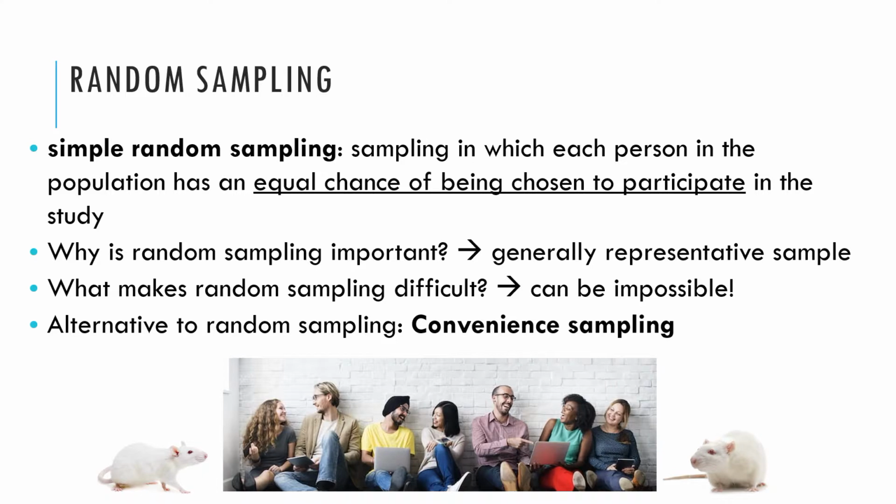So in convenience sampling, the sample consists of individuals who happen to be nearby and willing to participate, such as introductory psychology students. The most common participants used in psychological research are rats and undergraduate students. The reason so many researchers use undergraduate students as participants is not because scientists think students represent everybody, but because they're a captive audience.